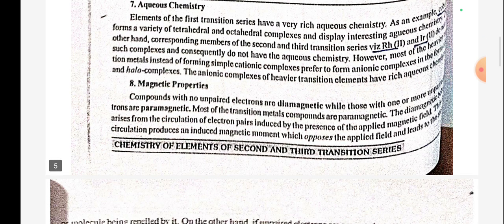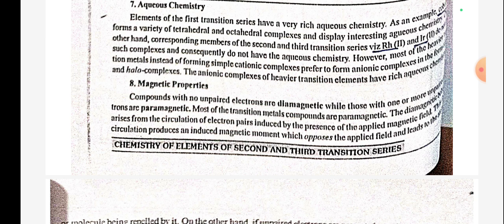Magnetic properties. Compounds with no unpaired electrons are diamagnetic, while those with one or more unpaired electrons are paramagnetic. Most of the transition series compounds are paramagnetic. Diamagnetism arises from the circulation of the electron pair induced by the presence of the applied magnetic field.